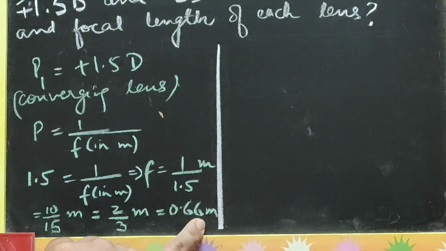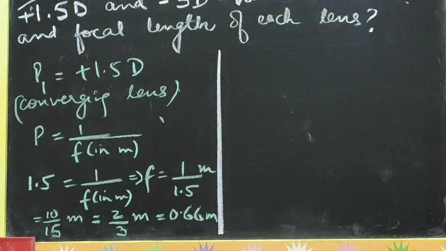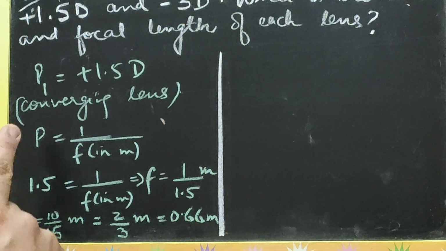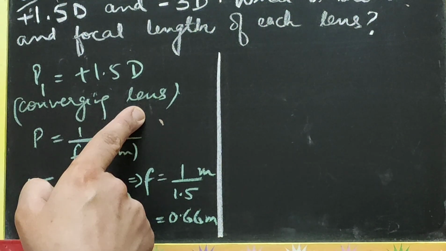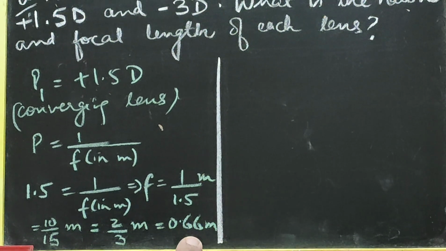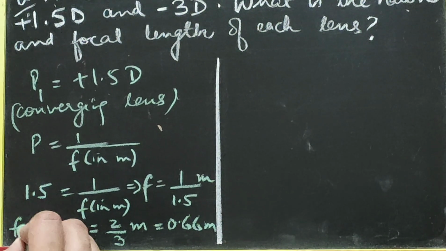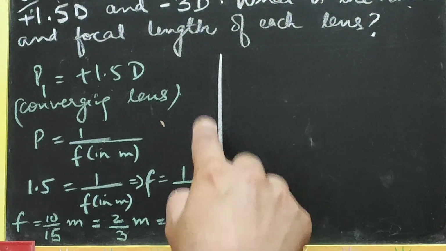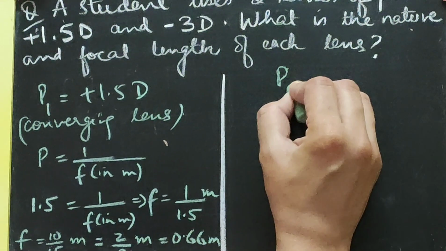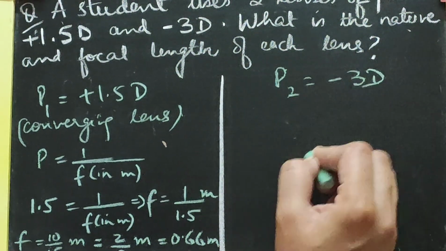It's a non-terminating decimal. We can terminate it at the second decimal place. So the nature of the lens is converging and the focal length of the lens is 0.66 meters.